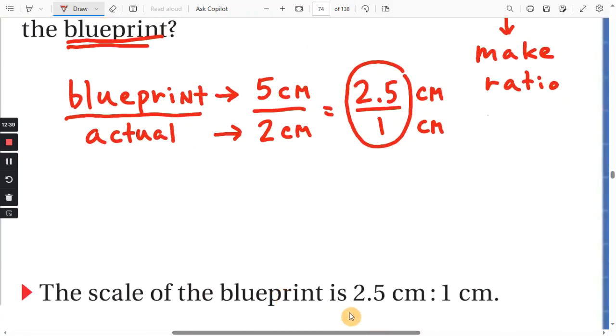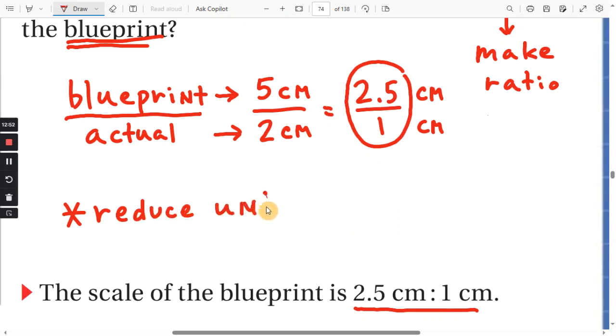They said the scale is 2.5 centimeters to 1 centimeter. I'll just say reduce until you get a 1. Just from their example, apparently you can get a 1 on either side.